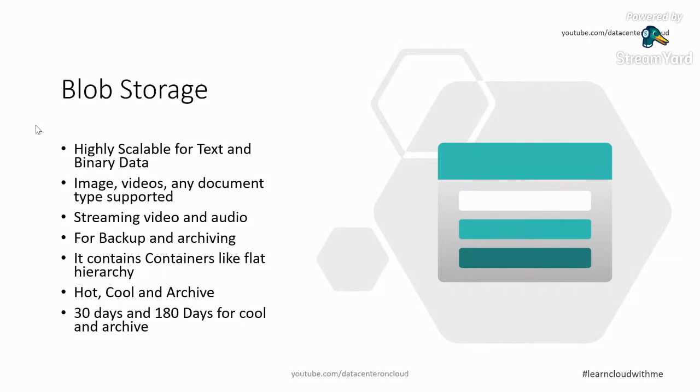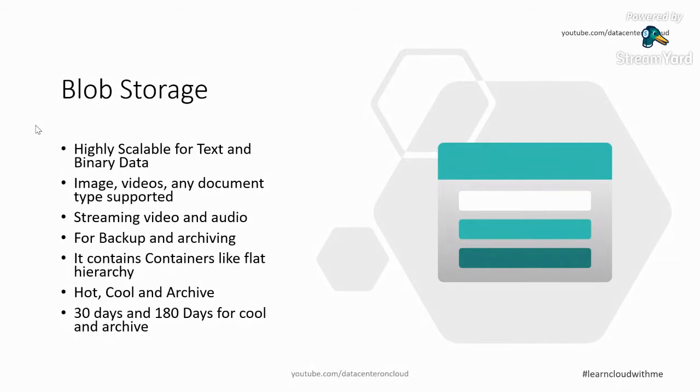Hot is the expensive one but always available and quickly available. Cool is a little bit cheaper than the hot one, but the time to first byte is a little bit longer than the hot one.